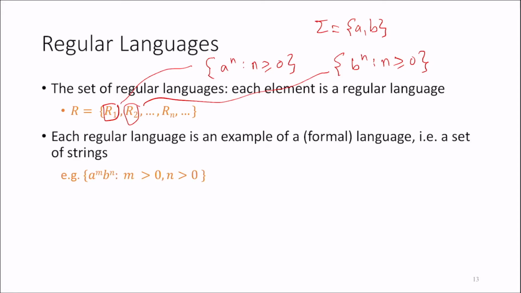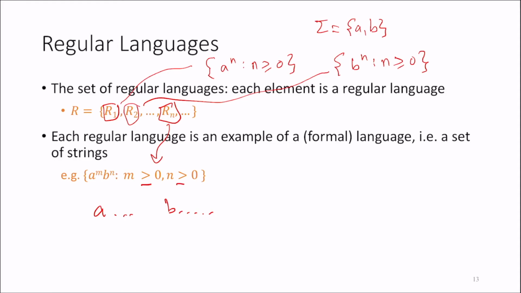And so you can also write down a regular language in the math notation of a set where, let's say, Rn is defined as a set which has A's preceding B's, and you should have at least one A and one B in this case, because it's greater than 0.